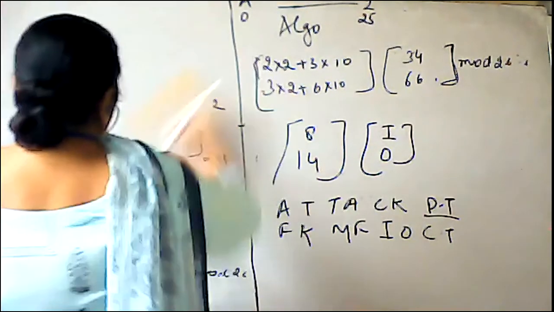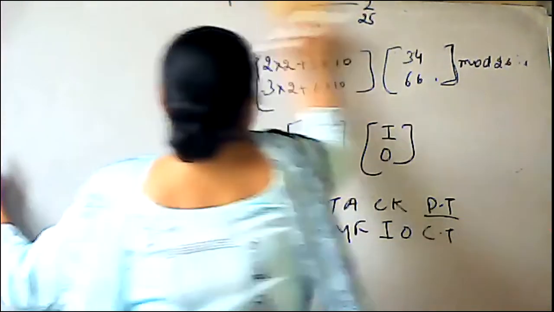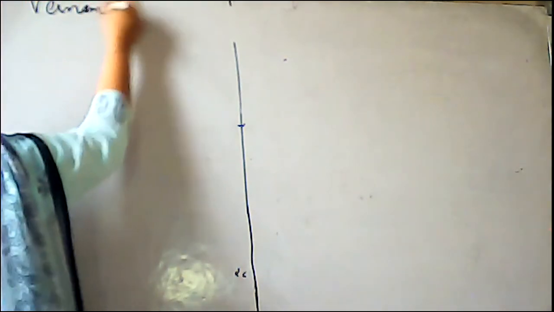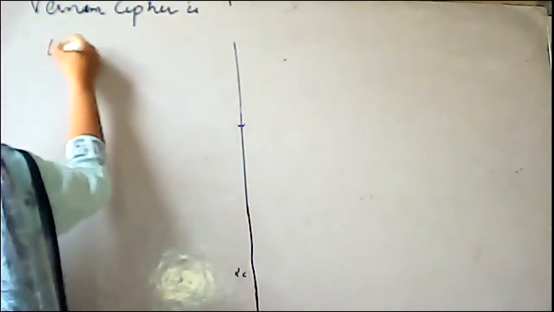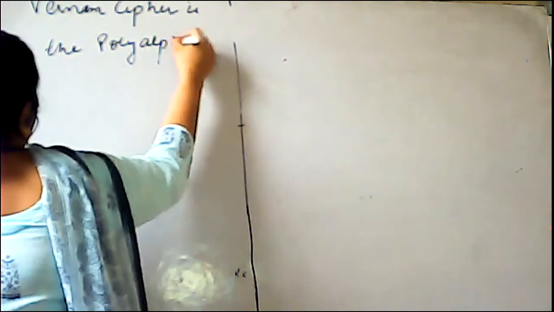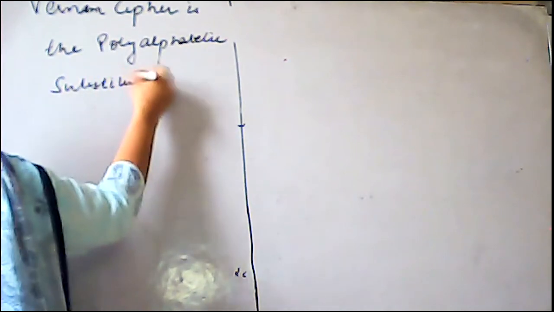So this is the polyalphabetic substitution technique, Vernam cipher. Vernam cipher is the polyalphabetic substitution technique.